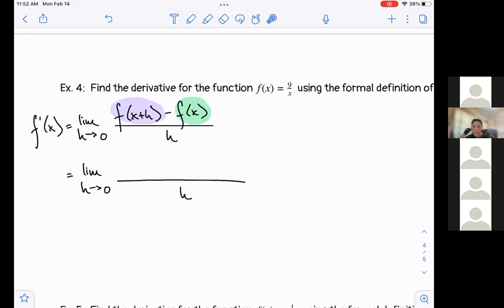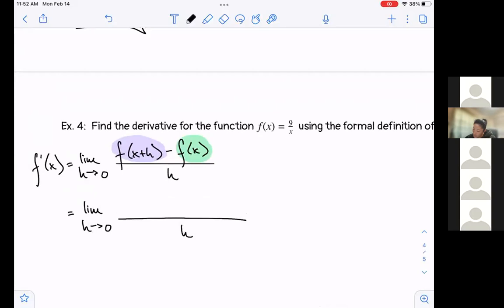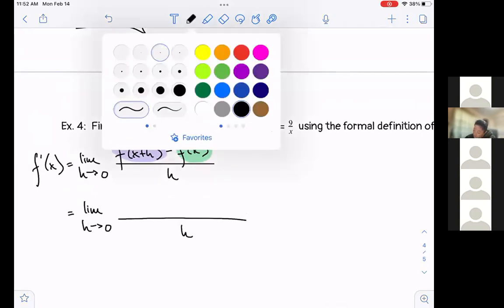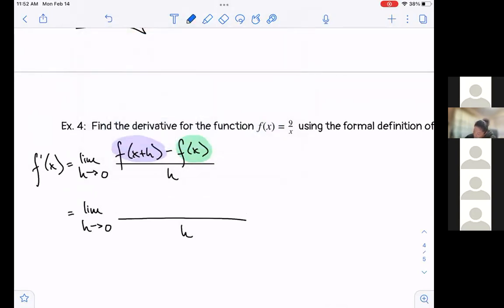Mm, 9 over x plus 9 over h. These are all great guesses. Maybe we take a moment and write this as f of input equals 9 over input.